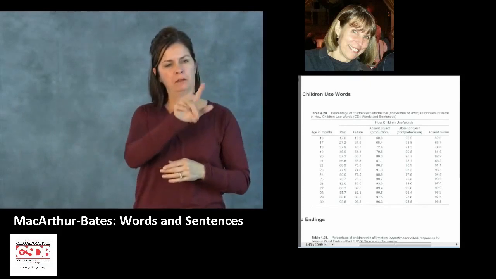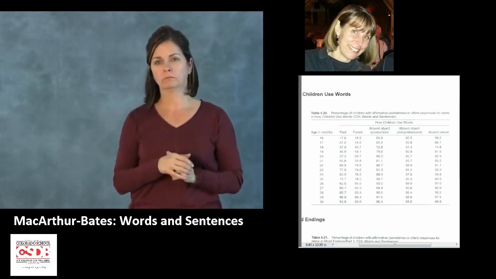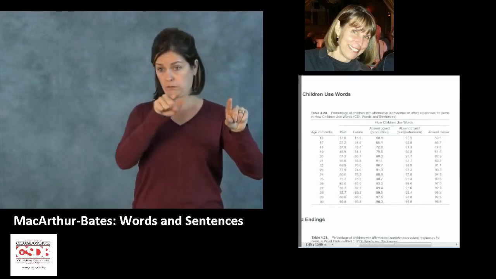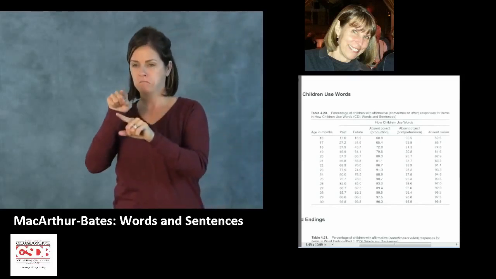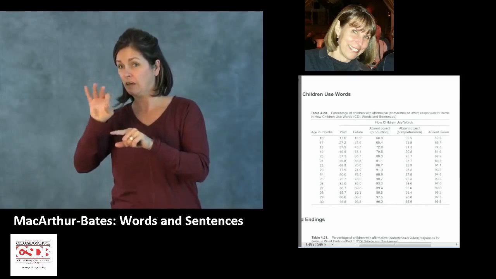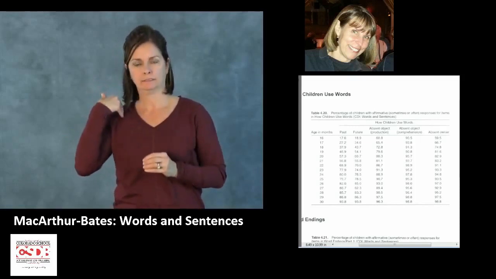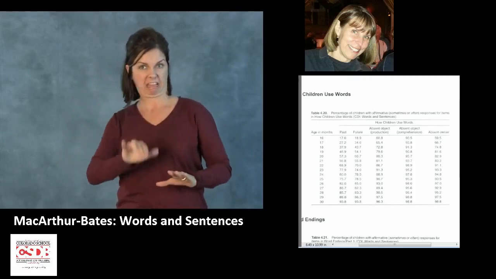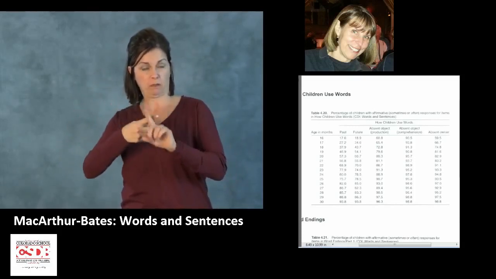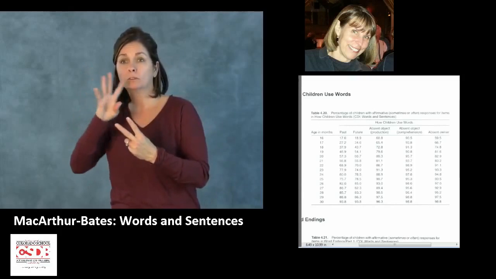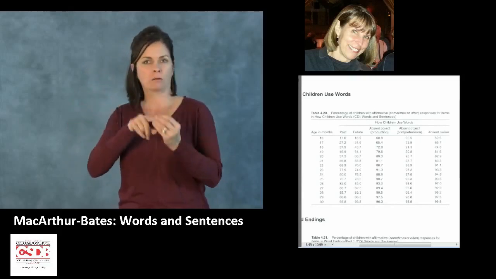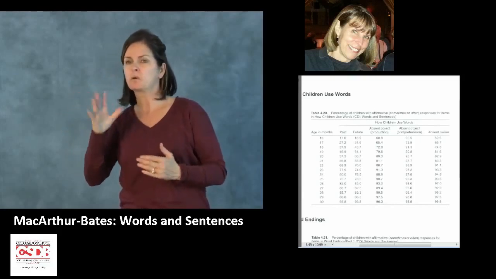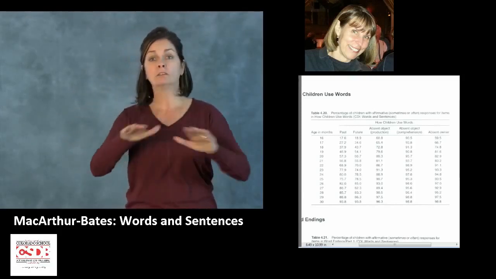And if we look across, we see that by 24 months of age, 80% of children are talking about the past, and 78% of children are talking about the future. Remember, those were the two areas that Sarah was not talking about yet. And so those would definitely be things that we would want to be encouraging, because the vast majority of children at her age are talking about the past and are talking about the future.